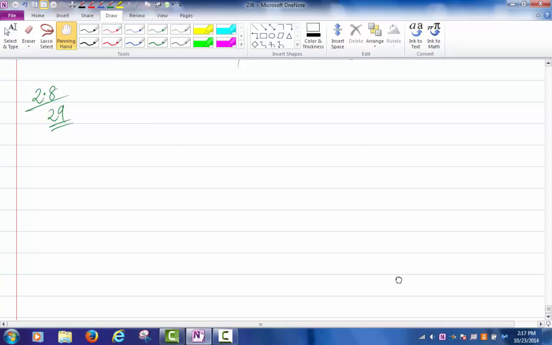Okay, so you have the two sides of a triangle. Let's make a diagram here, like a triangle. And let's label the sides as x and another side as y.